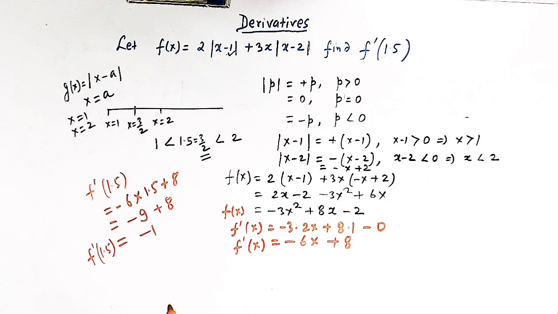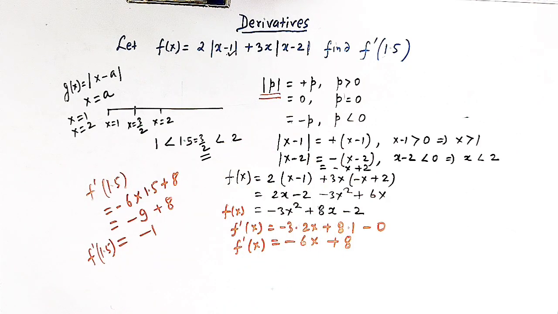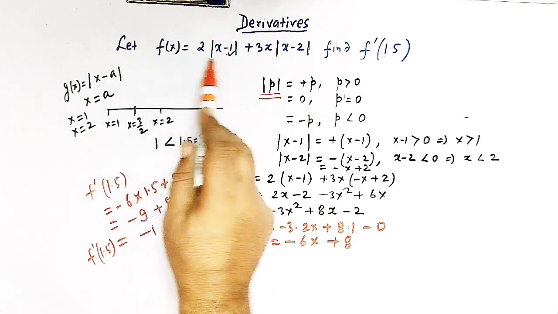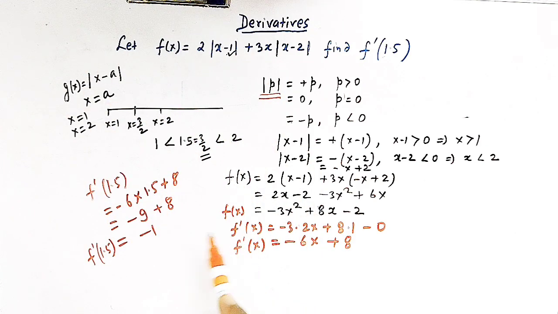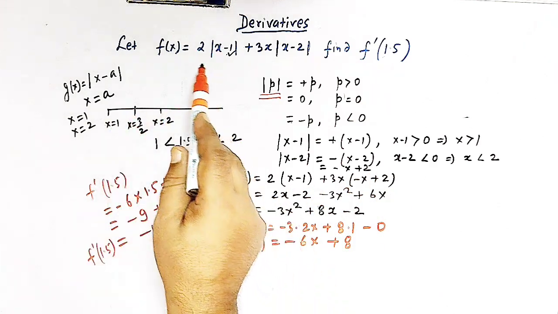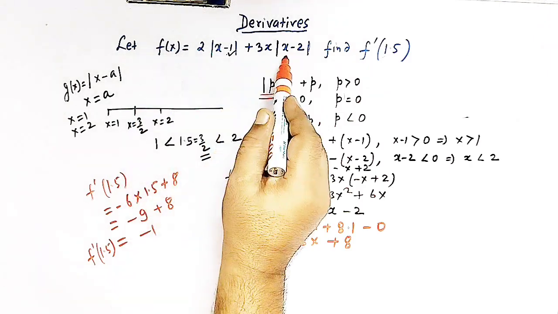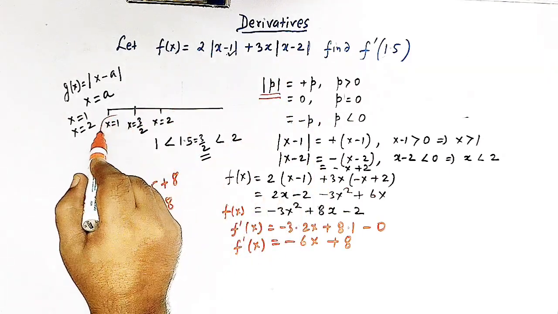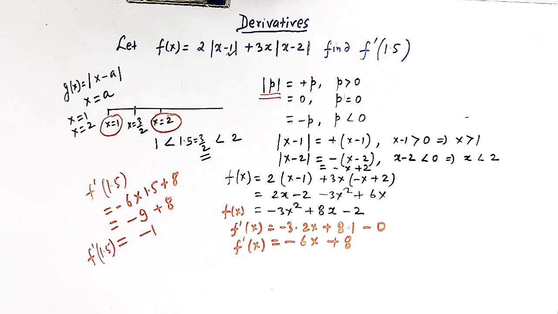So this is how, by making use of the definition of modulus function, we can first simplify the function f of x, and then we can find out the derivative at the required point. And here, this is very important to note that this function f of x is not differentiable at x is equal to 1 and x is equal to 2.